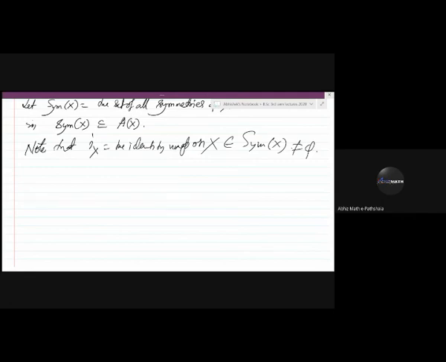And since it is non-empty, we are tempted to show whether this will form a group or not. With respect to which operation?